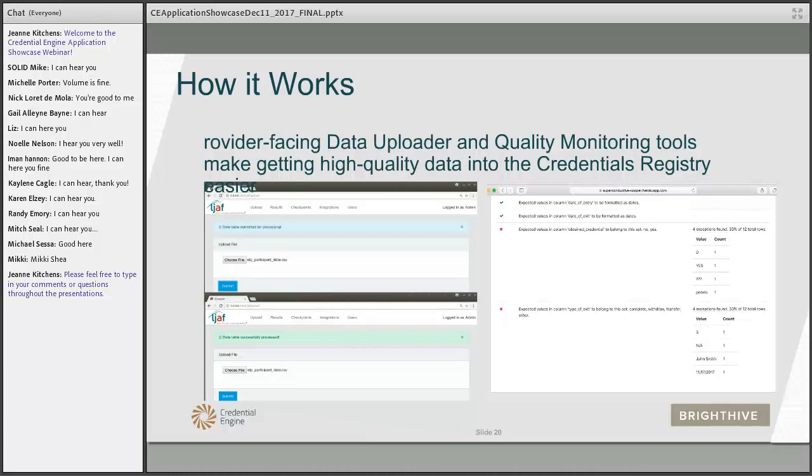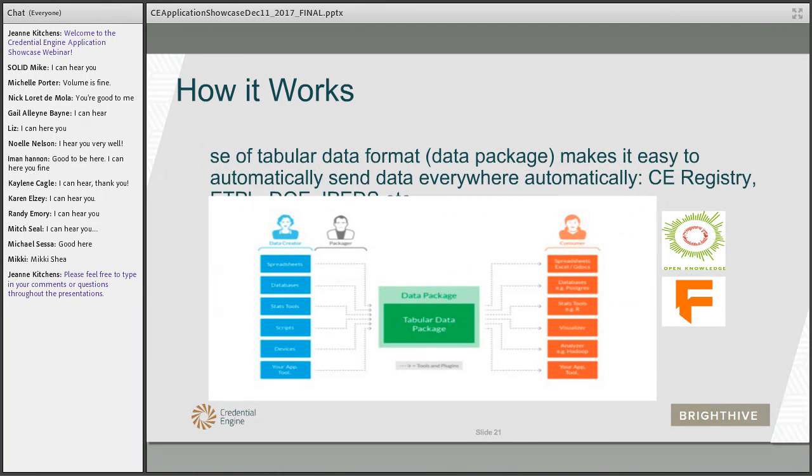For example, one of the things that we have now deployed in a few states is the ability for individual institutions to easily upload individual participant records or credential records or programmatic records and have those validated against what the expectation on that data is for its downstream use. It knows what the Credential Registry specification looks like and is able to very quickly give individual feedback at the field level to help get data in shape for registering on the Credential Registry.